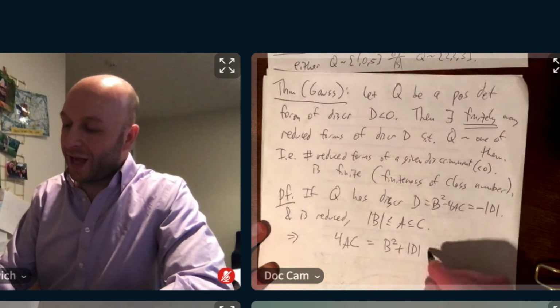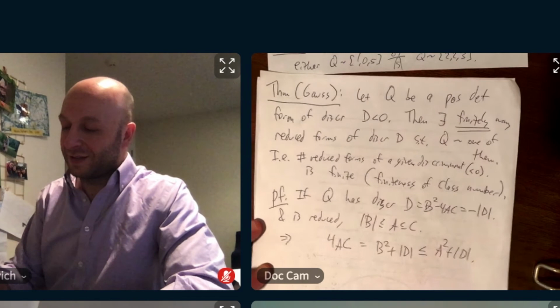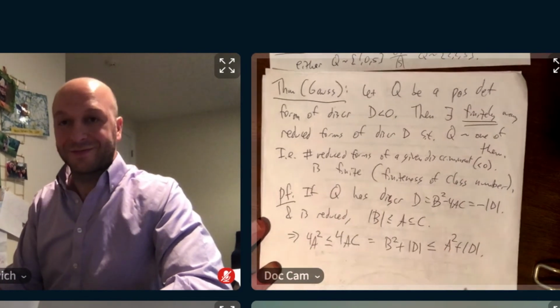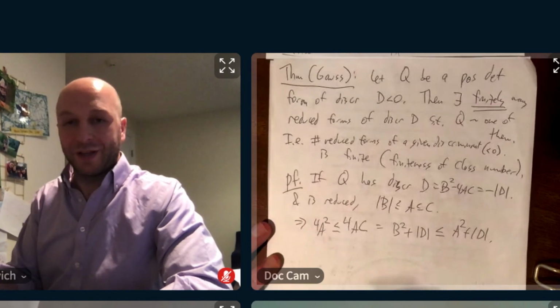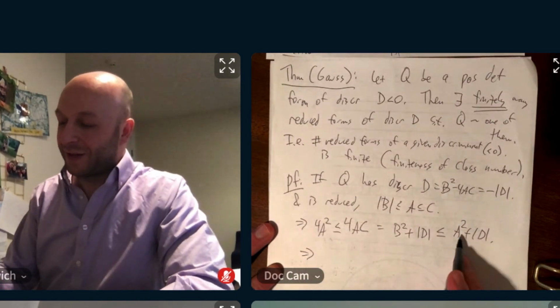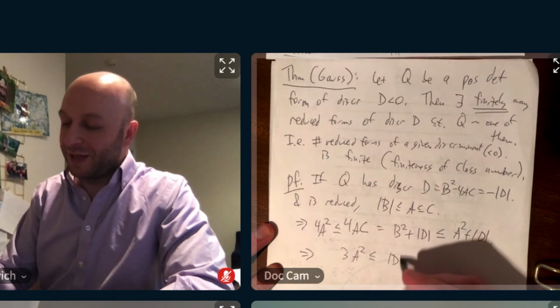B is at most A, so this is A squared plus D. C is at least A, so this is 4A squared. What we were doing in an ad hoc way is a completely general process. If I subtract A from both sides, 3A squared is at most D.